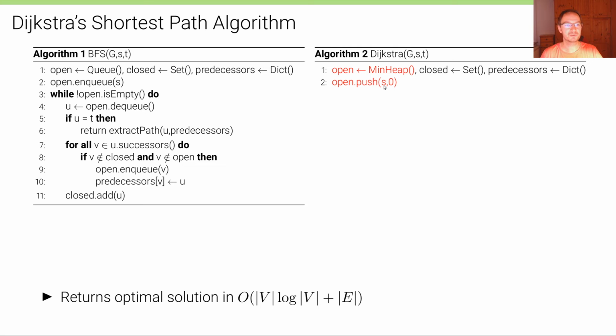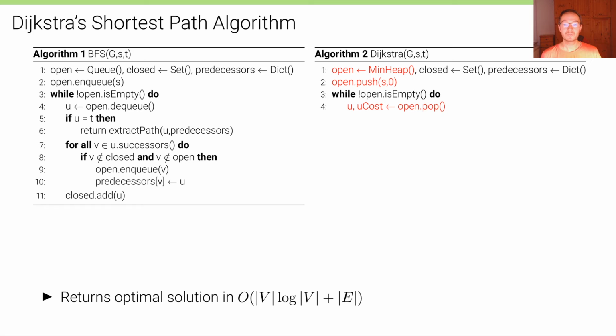We're pushing the source element, and we're pushing it with a value of 0. This value here indicates the distance to that node from the source. Because we're pushing the source node itself here, we're pushing s, 0, because the distance from the source node to itself is, of course, 0.